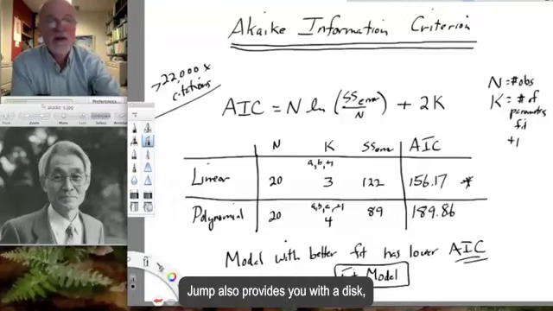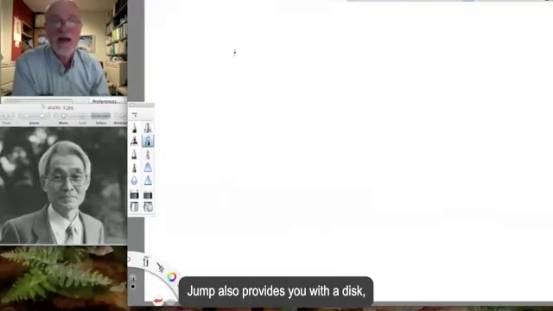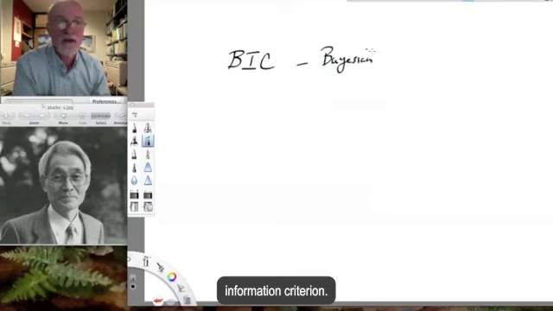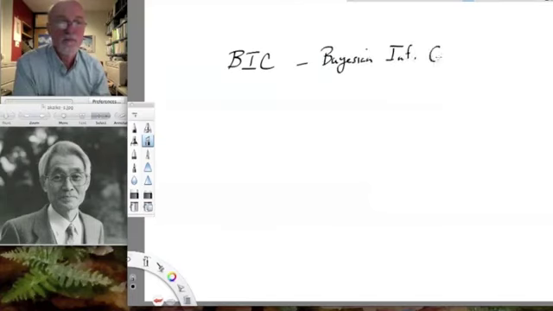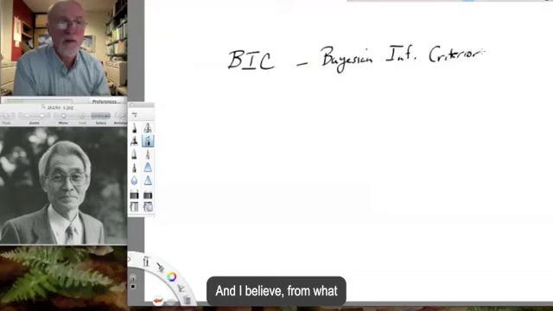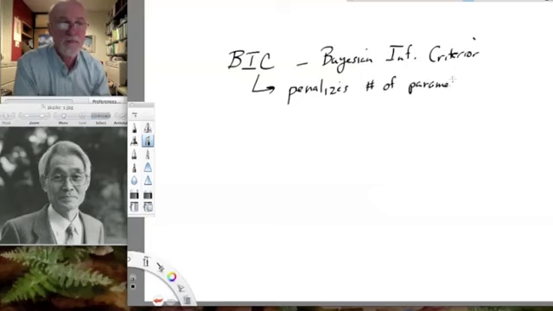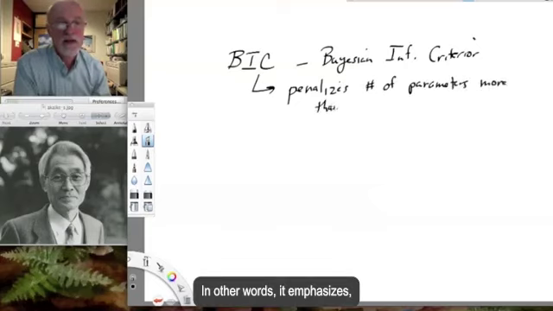Okay, JMP also provides you with a BIC, which is a Bayesian information criterion. And I believe, from what I've read, that the Bayesian information criterion penalizes the number of parameters even more than AIC. In other words, it emphasizes simplicity in the models.